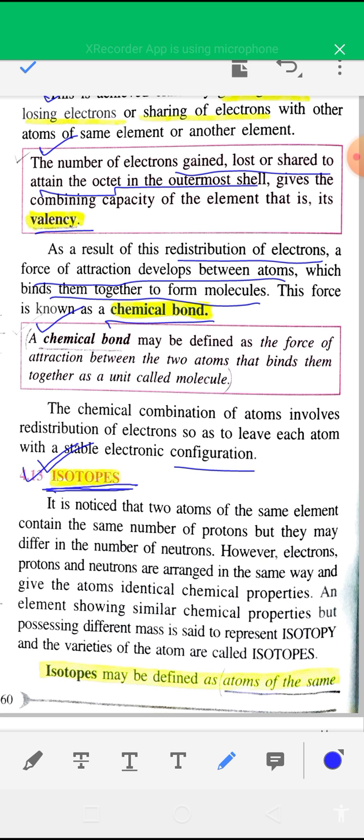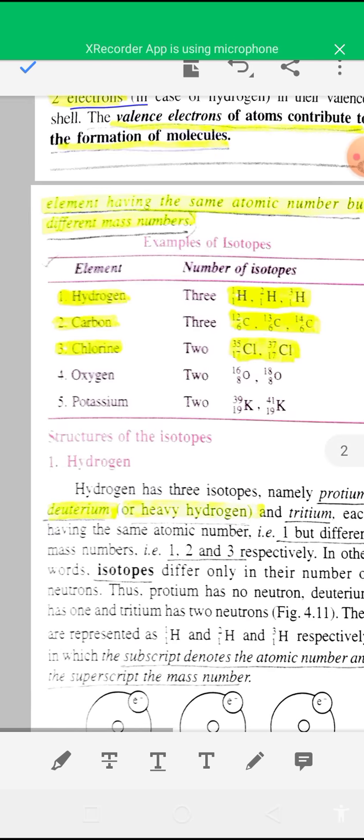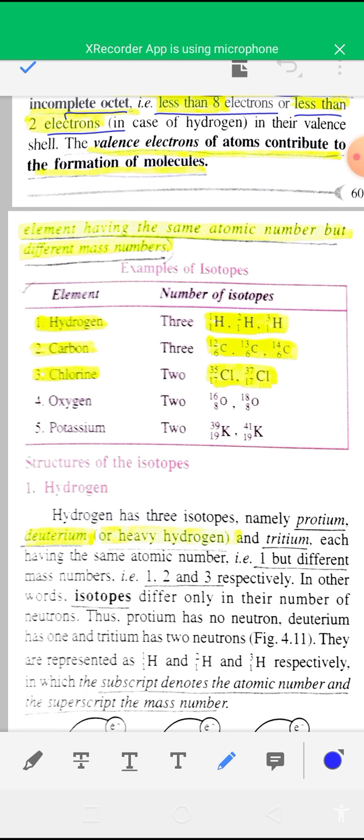Now see, the next topic is isotopes. What are isotopes? Isotopes are atoms of the same element having the same atomic number but different mass number.